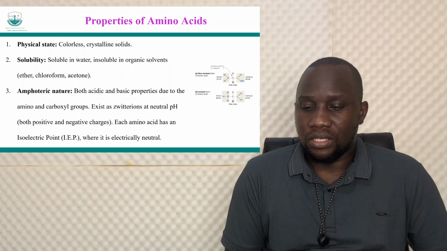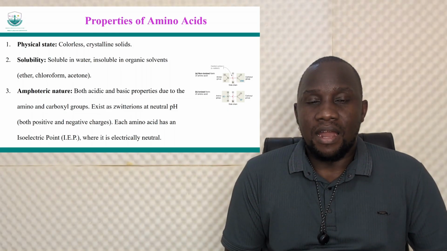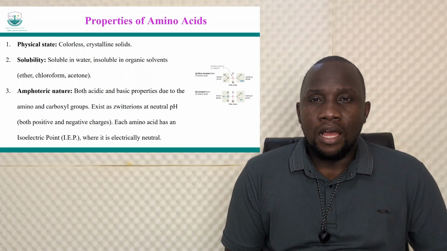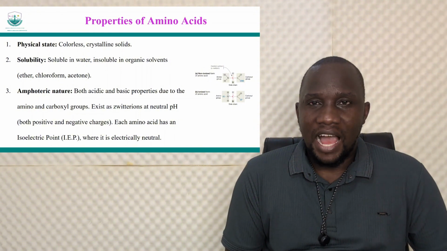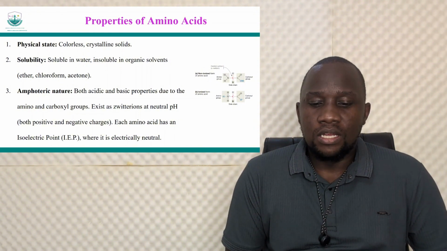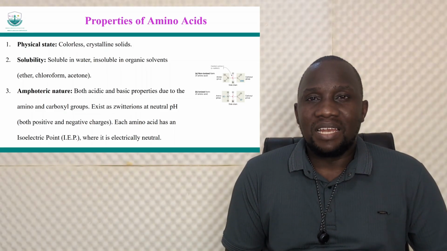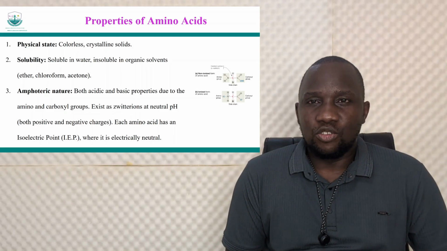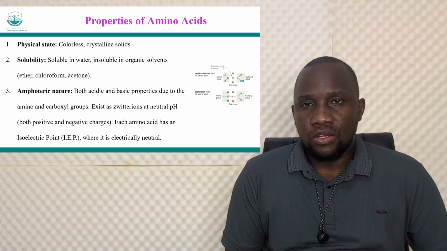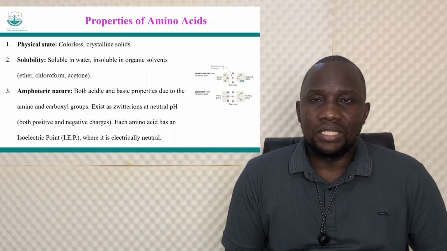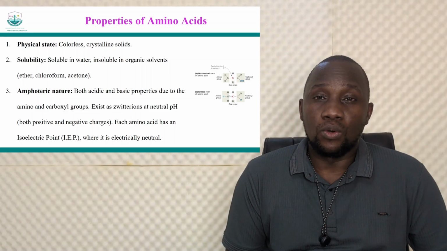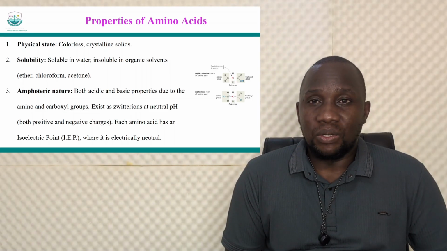Neutral pH is around 7. Each amino acid has its own isoelectric point. That means the point when it is electrically neutral. So always when thinking about the properties of amino acids, think about the chemical structure of these amino acids.